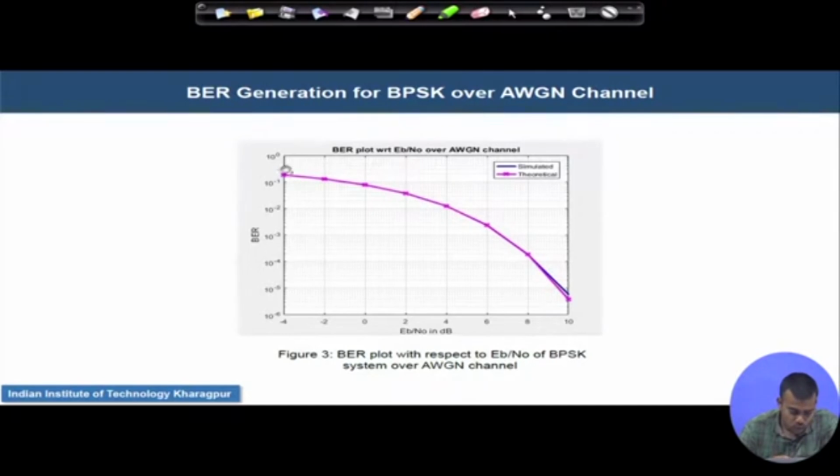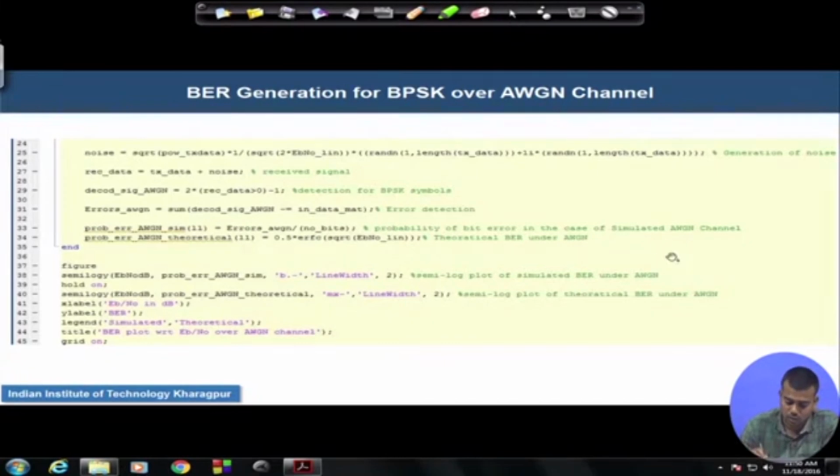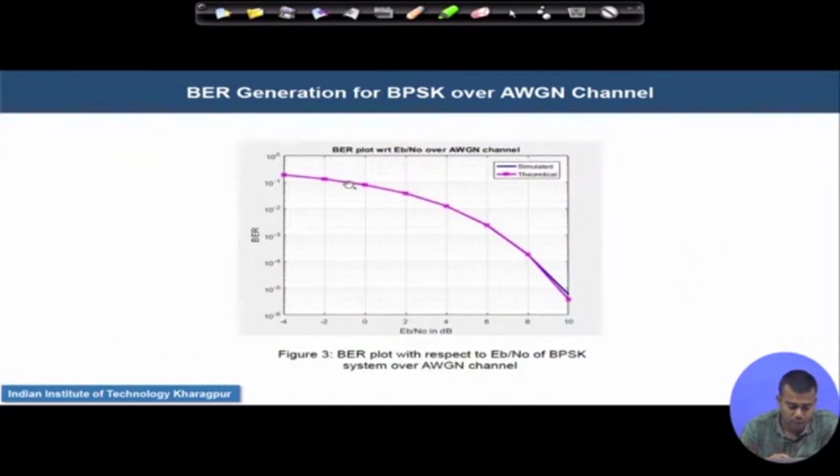To generate a probability of error of 10 power minus 1, your required Eb by N naught should be around minus 1 dB.